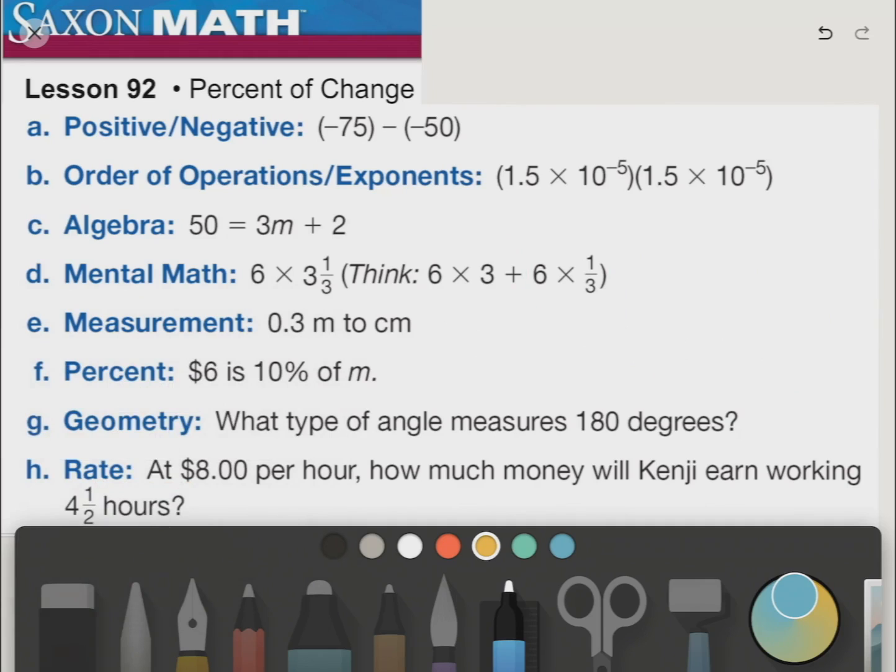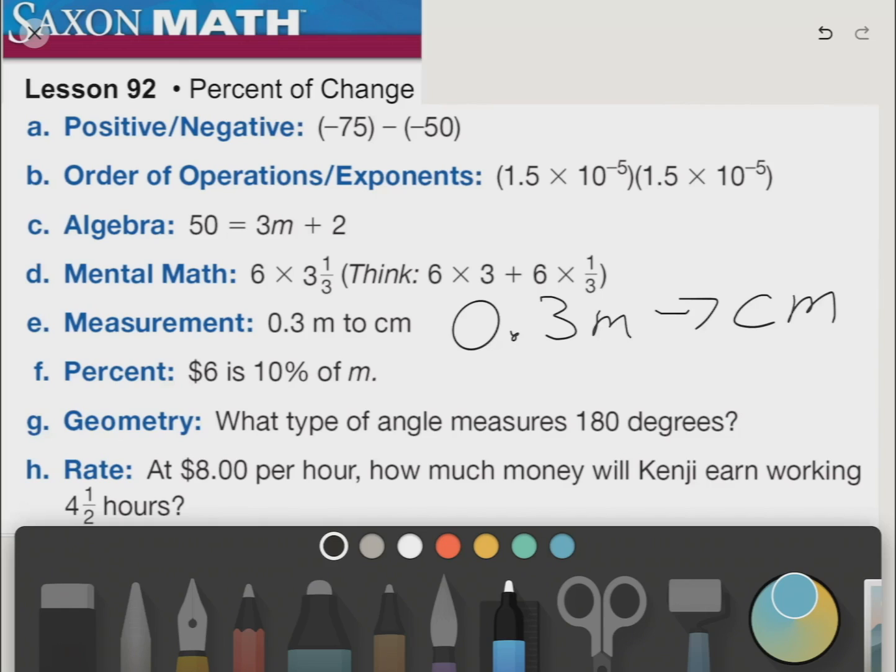All right, so 3/10 of a meter converted to centimeters. Well, how many centis are in a meter?